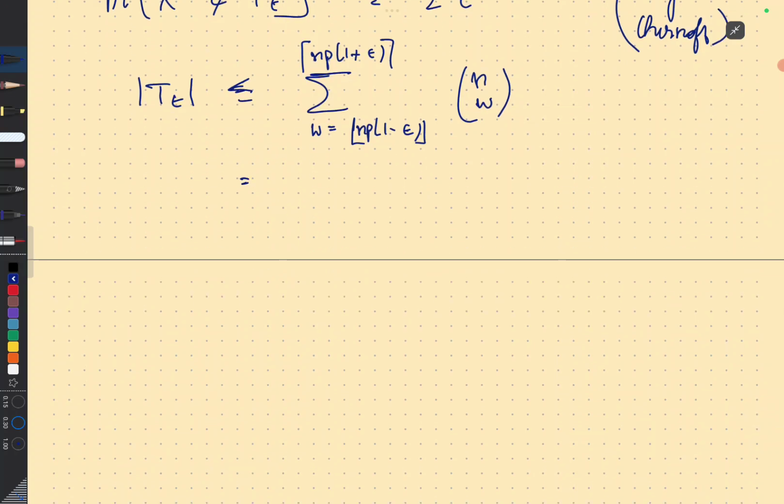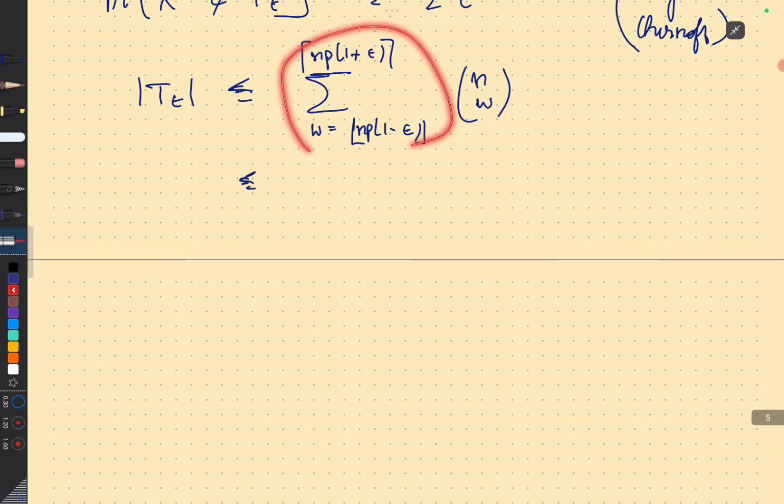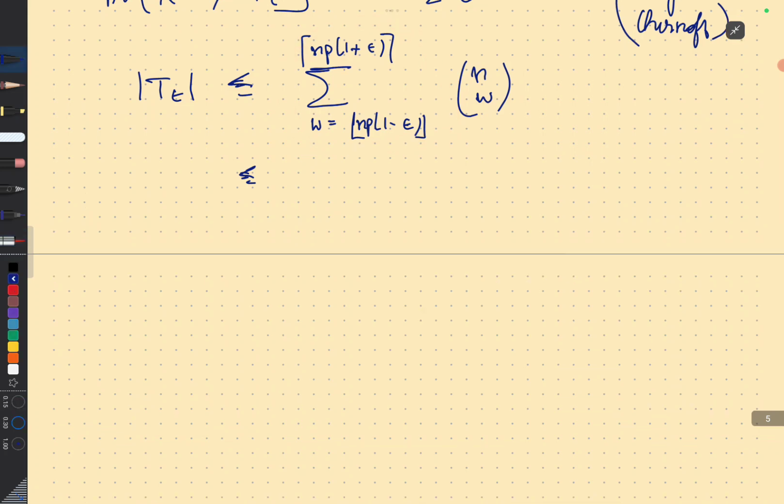So this is less than or equal to a sum of these many terms. So it's less than or equal to the number of terms times the largest term, which is 2 times np epsilon.